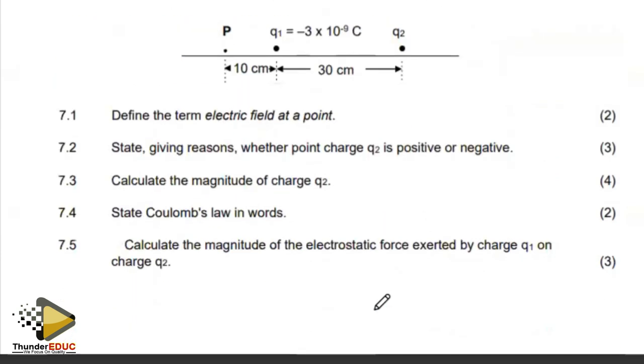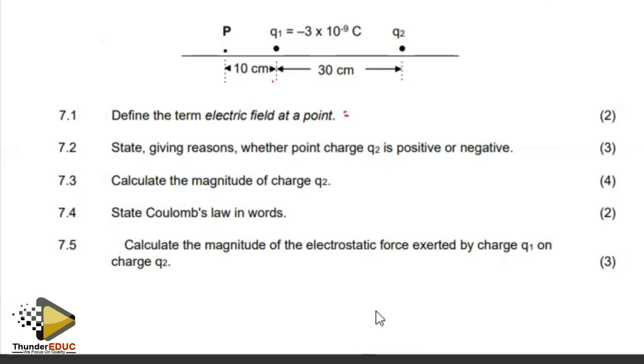Question number 7, electrostatics. Two-point charges Q1 and Q2 are placed 30 centimeters apart along a straight line. Q1 is this, the point P is 10 centimeters away, as shown. The net electrostatic force is 0, so F net is 0.